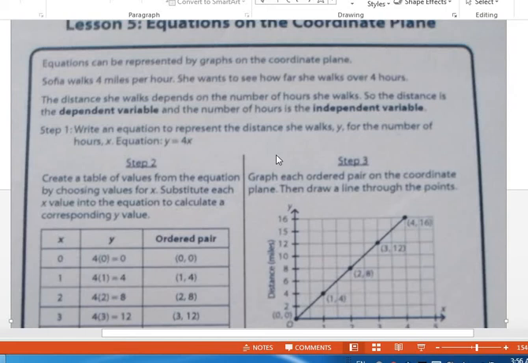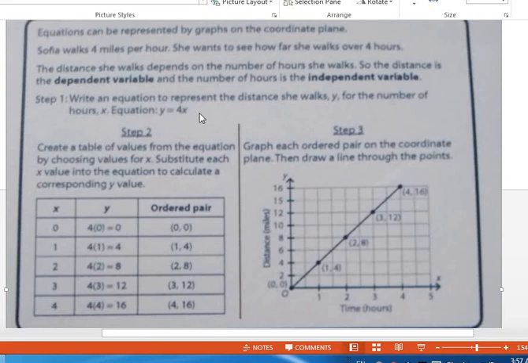Step 1, write an equation to represent the distance she walks, using Y for the distance and X for the number of hours. The equation will be Y equals 4X. This means that she can walk 4 miles in 1 hour.